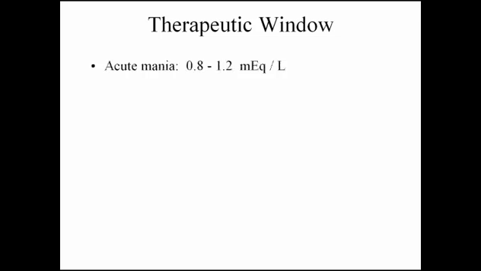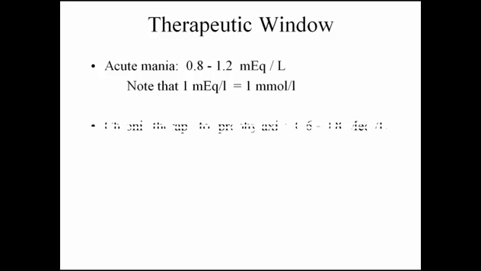The therapeutic window depends on whether the situation is acute mania or chronic maintenance therapy. For acute mania, we start at 0.8 and we can go up to 1.2. For chronic therapy, we start at 0.6 and we can go up to 0.8.